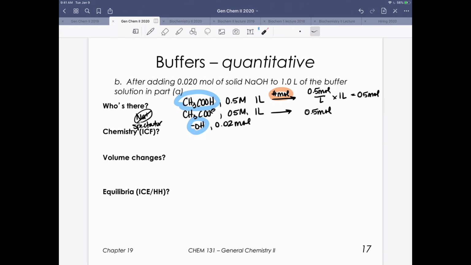We've got 0.5 moles of our weak acid army, and we're adding 0.02 moles of a strong base. So that's going to deplete this by a little bit. Not completely, but just a little bit. And we can use an ICF table to determine how much. So pause the video here if you want to try working through the ICF table on your own, or let it play if you want to see it worked out.